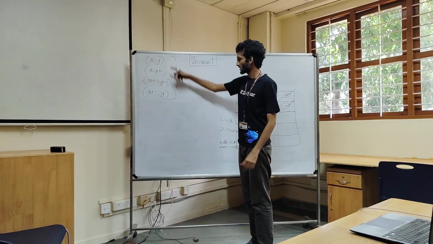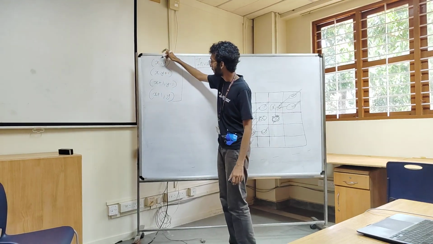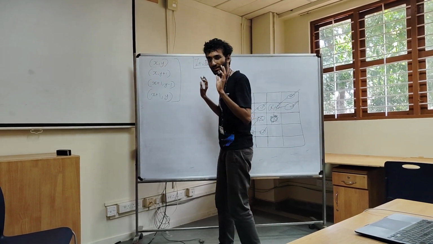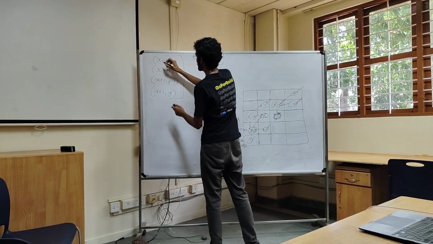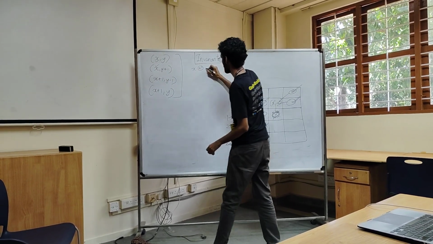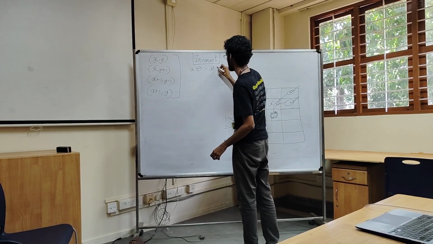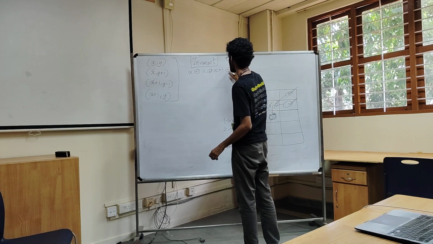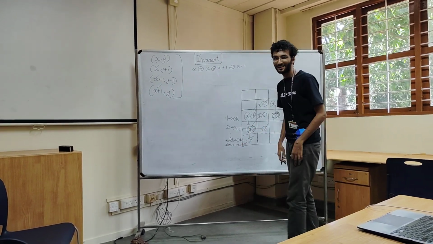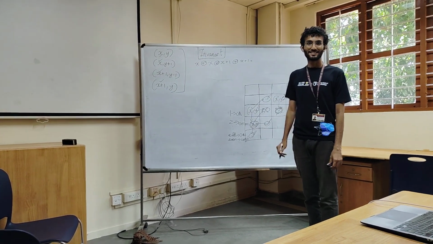If you observe these four operations, when you XOR all the x coordinates in this operation, I took this x XOR x XOR x plus 1 XOR x plus 1. What do you think would be the answer? 0, right?